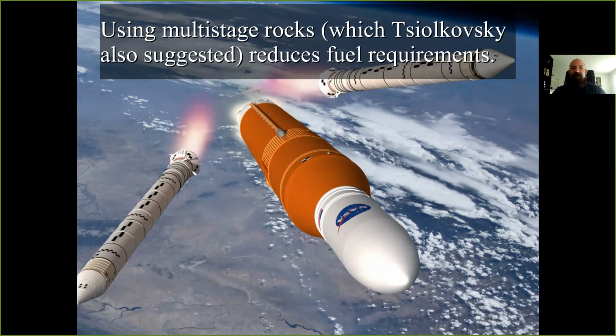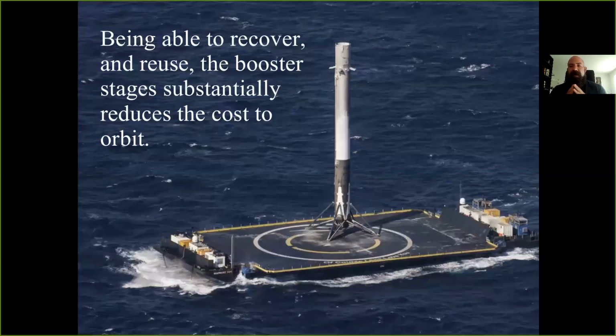Now, one of the ways that we try to keep the mass of a rocket down in order to be able to go a little bit faster is to use a multi-stage rocket, which actually was also one of Konstantin Tsiolkovsky's ideas. Now that gets really expensive really quickly because you take this rocket stage, and when it's burned out, you discard it because you don't need it anymore.